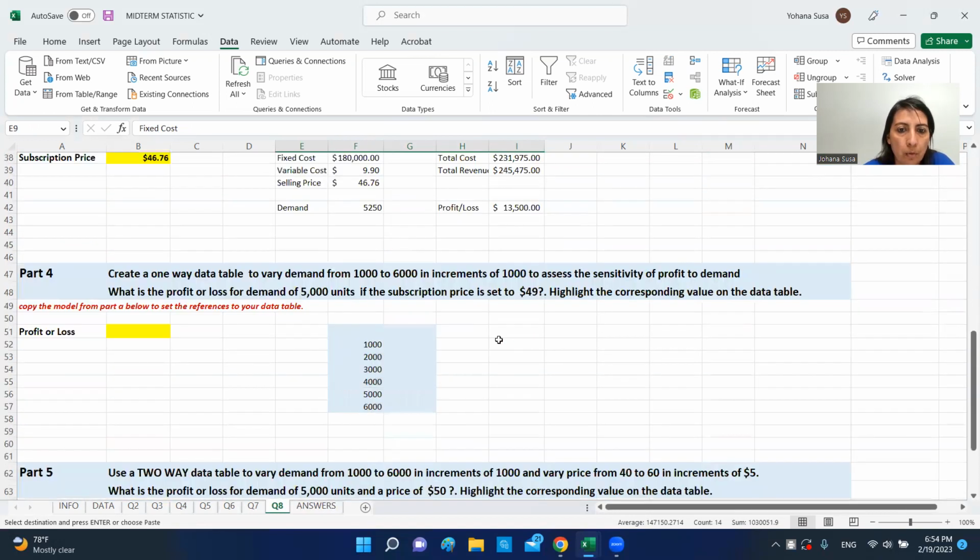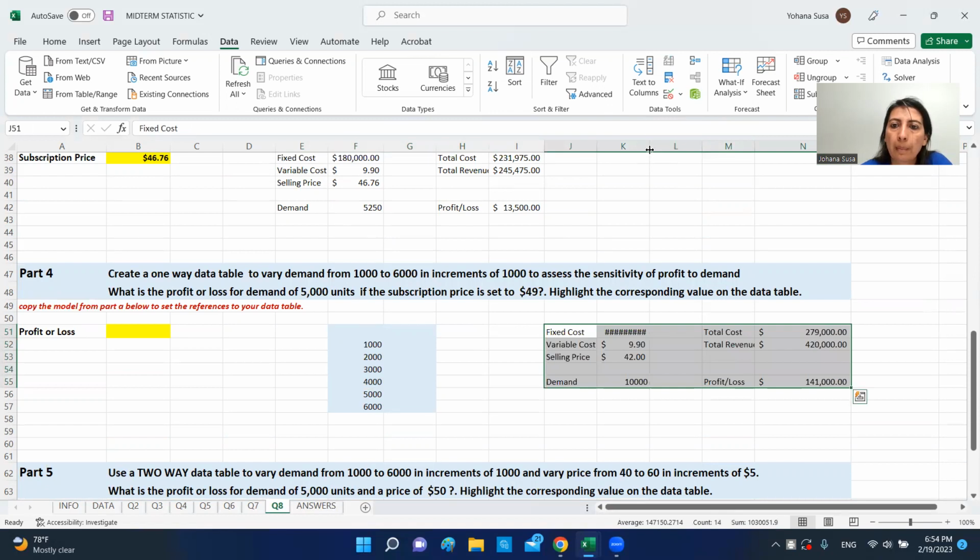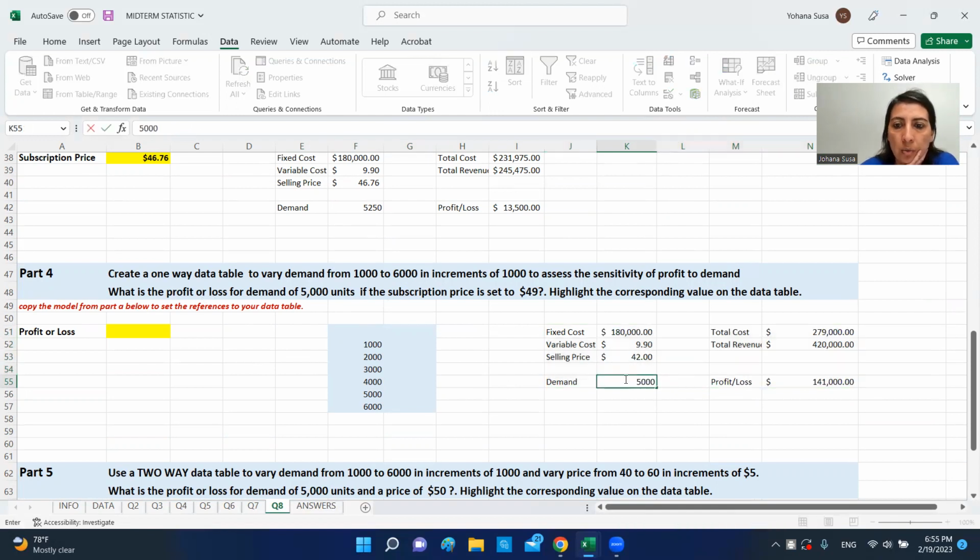and part 4. Create a one-way table to vary demand from 1,000 to 6,000 in increments of 1,000 to assess the sensitivity of profit to demand. What is the profit or loss for 5,000 units if the subscription price is 49?